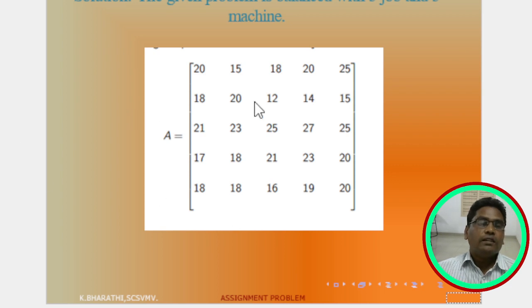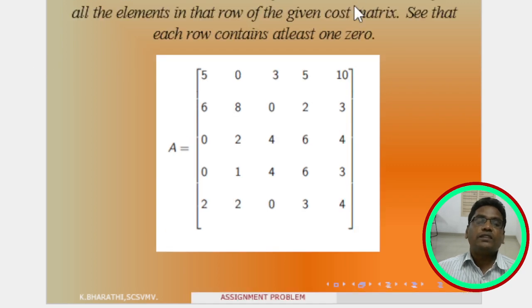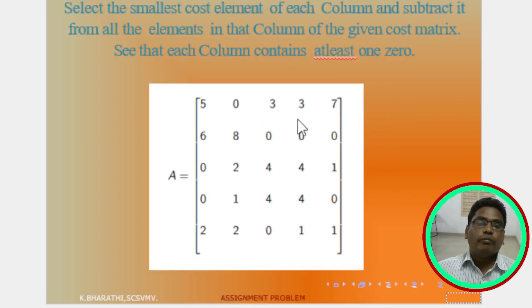Similarly, in the second row, the smallest cost is 12, and we subtract it from all elements of this row. Similarly for the remaining rows, we select the smallest element of each row and subtract it from all the elements in that row. Then we get the reduced matrix or payoff matrix.